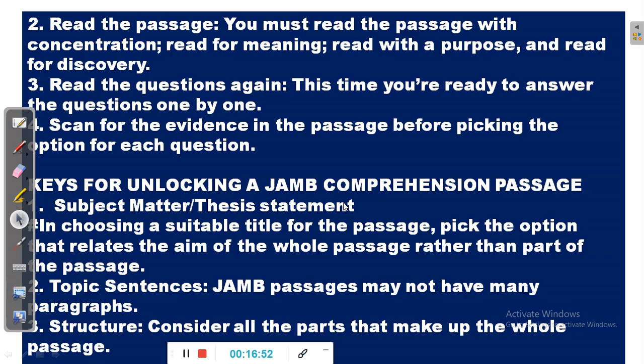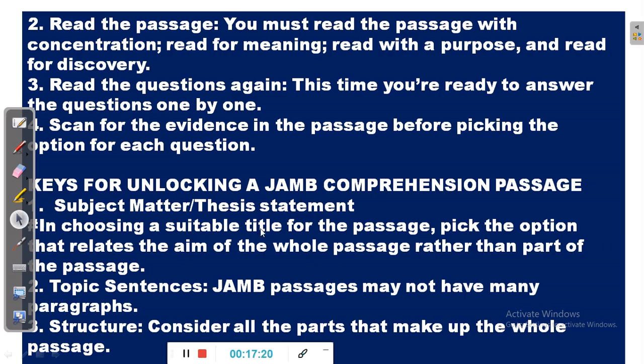Now, when you identify the thesis statement, it will help you in answering a question that has to do with choosing the suitable title. If you're asked to choose the suitable title for the passage, then you'll be given 4 options, for example. So you have to pick the option that relates to the aim of the whole passage rather than part of the passage.